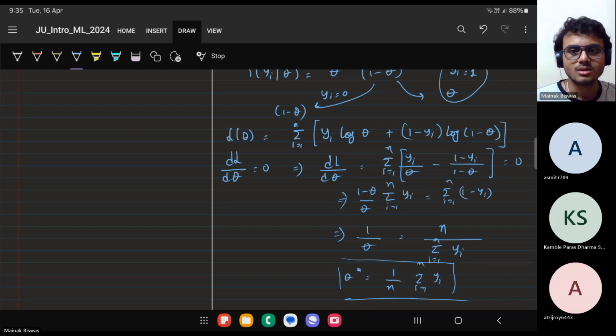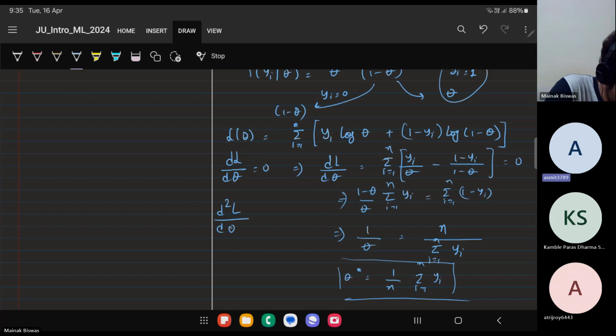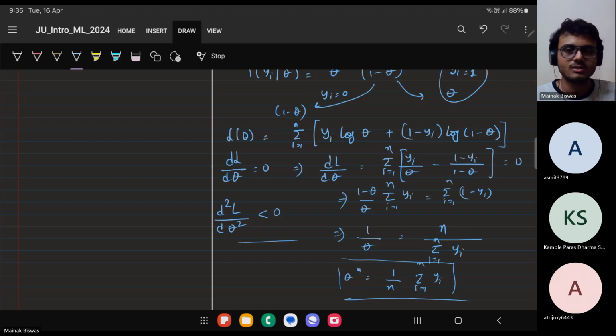Is it clear? Any questions? You can also take the second derivative and show that it is less than 0, since this is a maxima point. So argmax is this.